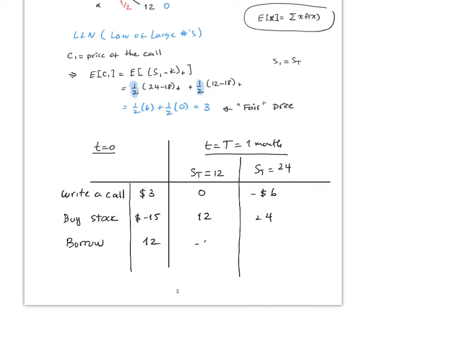So you have to pay 12 because the interest rate is just 0%. So this one always has to be 0, which it is. Notice that this one is also 0, but if the stock goes up, then you can make $6. So clearly that represents an arbitrage opportunity. So therefore, this is not the fair price. All right, so what do we do then? Well, that's what we will see in the next page.